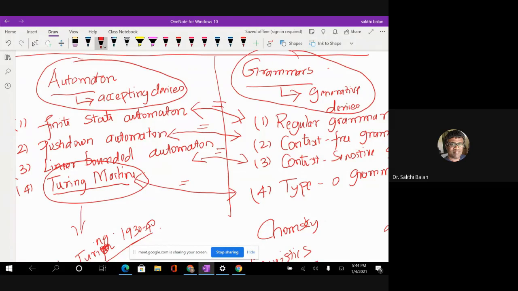So we are fortunate that we now have silicon computers, but in future you may get other types of computing paradigms. But the study that we are going to look at, as an abstract machine, should not have the specificity. It should be an abstract machine which is devoid of all the specificity. That is the beauty of looking at the abstract machine.